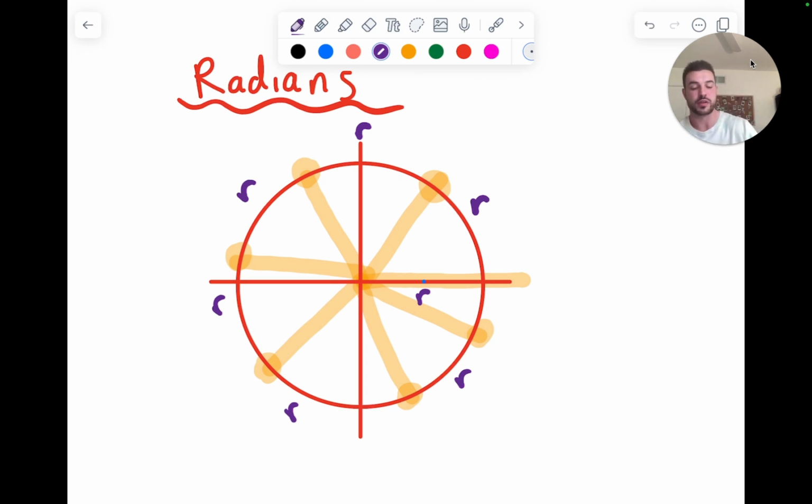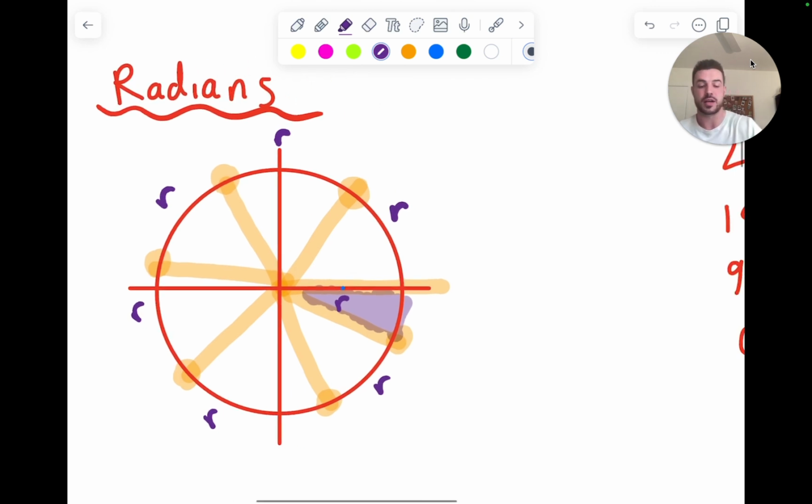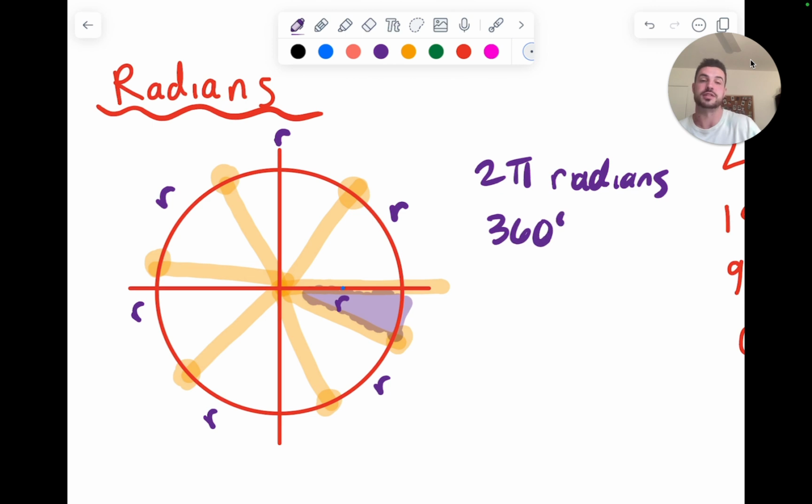Now, if you notice, we've got a little bit extra right here. The reason is that the unit circle, or any circle for that matter, is 2 pi radians. Just like the circle is typically 360 degrees, it is 2 pi radians.